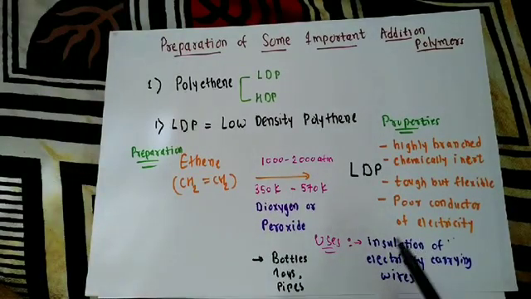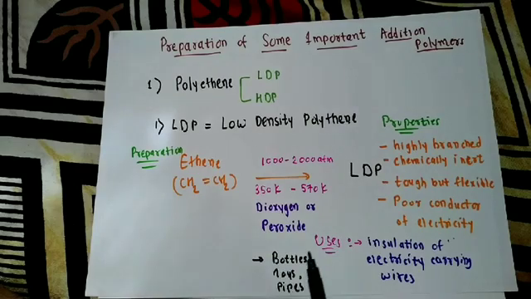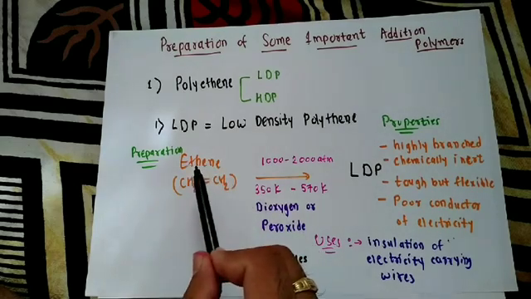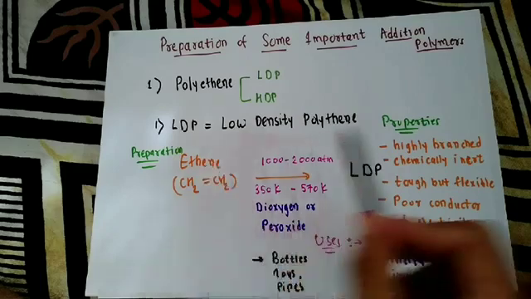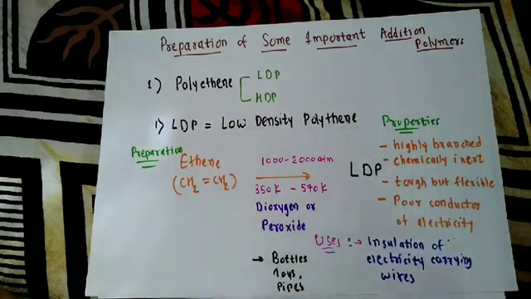LDP is basically used in electricity carrying wires, where it provides insulation. It is also used in bottles, especially squeeze bottles, in toys, and in flexible pipes. So these are the preparation, properties and uses of LDP.